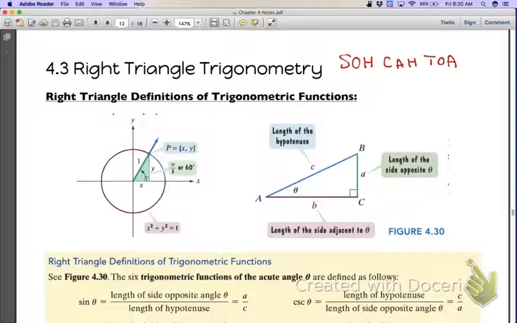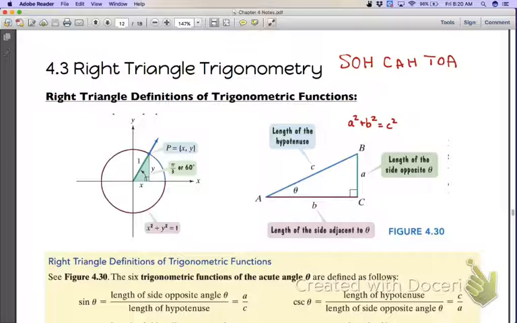So whenever we have a right triangle, remember, whenever we do Pythagorean theorem, we have a squared plus b squared equals c squared. Okay. A and b are the short sides, and b is usually the length of the adjacent side. A is the one that's usually opposite, and then C is always the hypotenuse. That's never going to change.